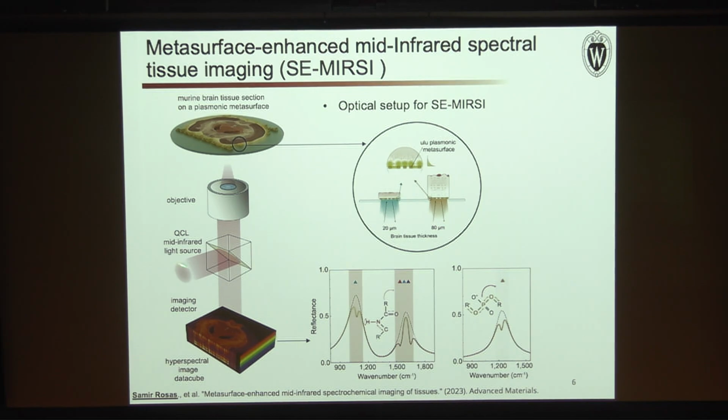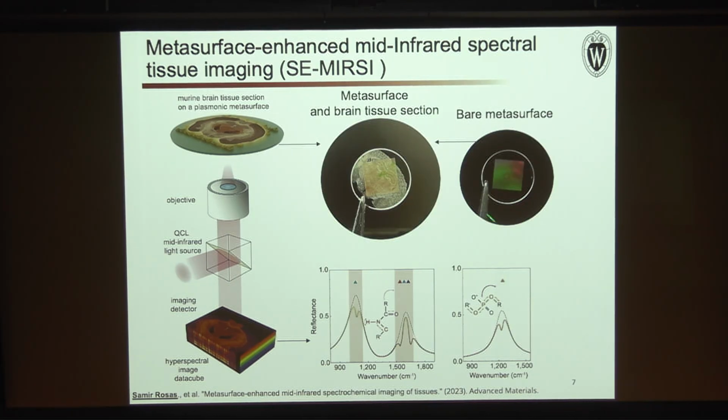We have a quantum cascade laser that sends light towards the sample, and then we read from the back of the metasurface. We collect all that information as a hypercube. Because we are capturing information from the interface between the metasurface and the tissue, we are able to see those fluctuations. And as I mentioned earlier, if we know the fluctuations, you have access to the concentration.